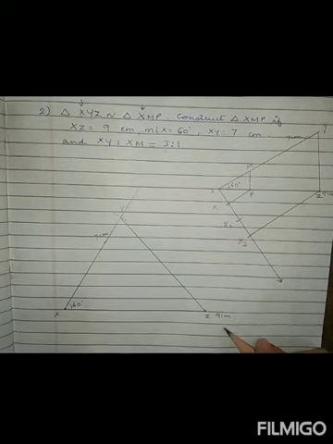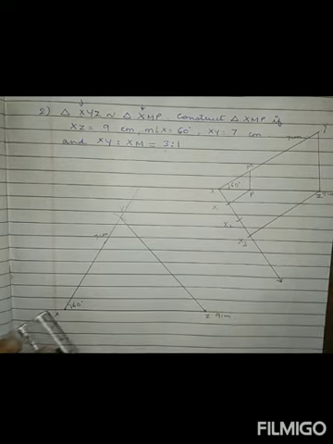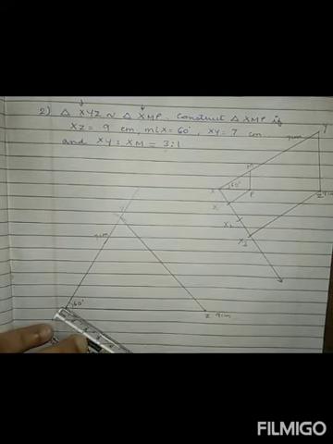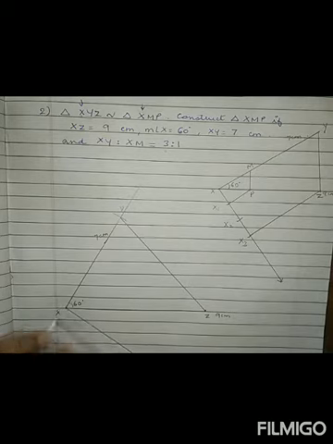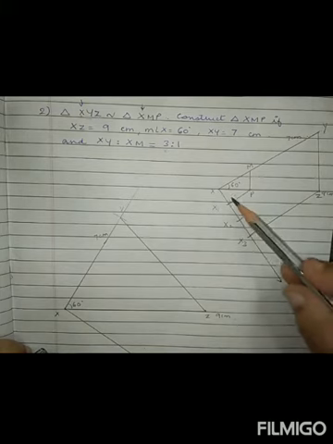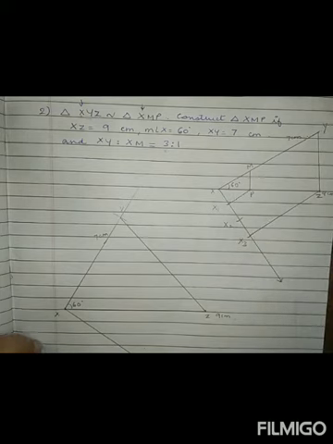So this is a bigger triangle. Now we go to the second step, that is we draw a ray. And on this ray, how many parts are we going to take? 1, 2 and 3. So any convenient measurement.